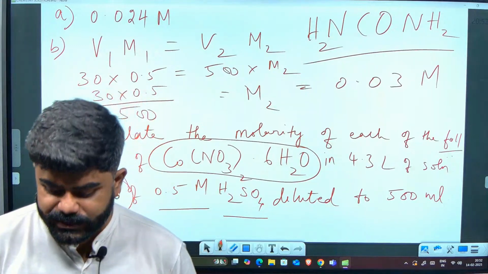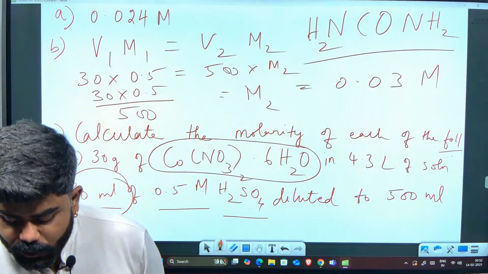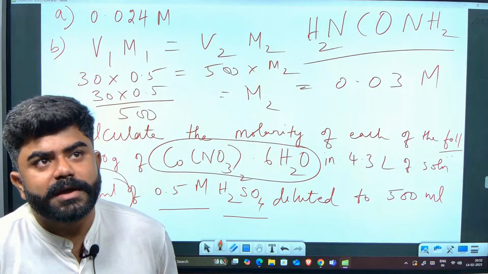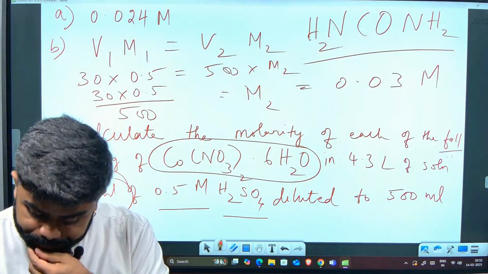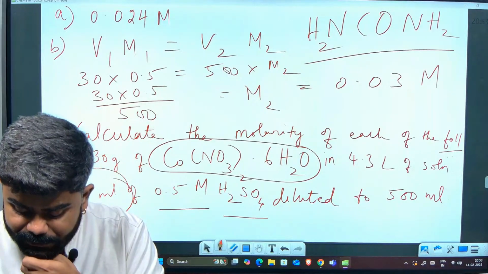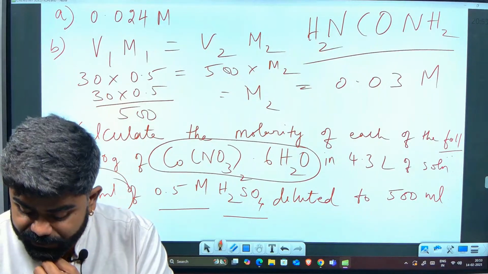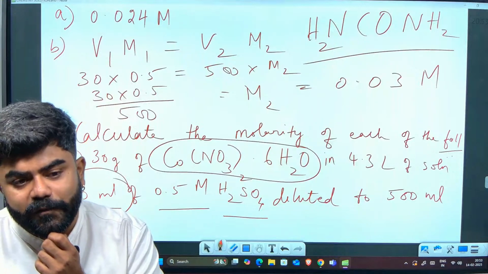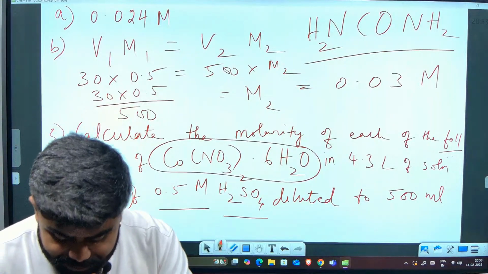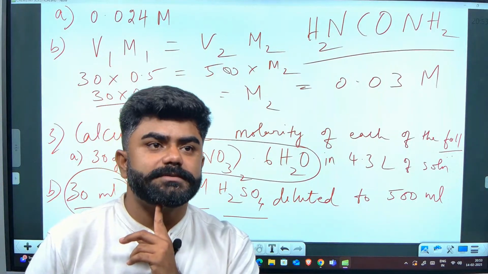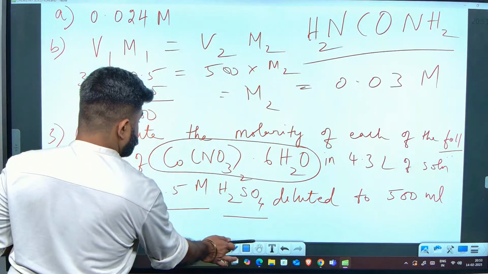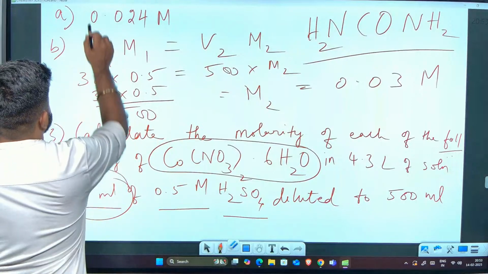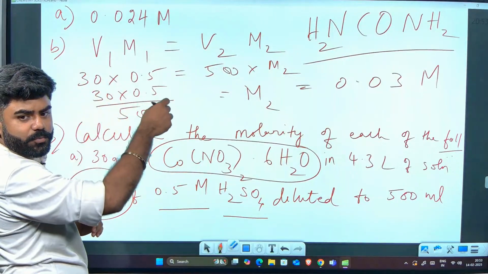I'll repeat the question. Calculate the mass of urea. I have given the molecular formula on the board. It is NH2CONH2. Required in making 2.5 kg of 0.25 molal aqueous solution. This is the question. Understood? Try doing it. I'll erase all this, children. I hope you have copied.